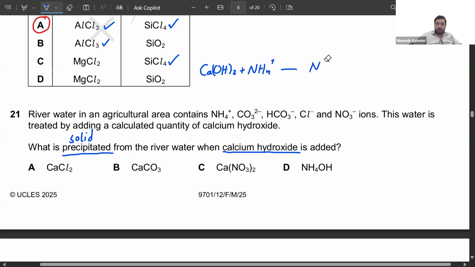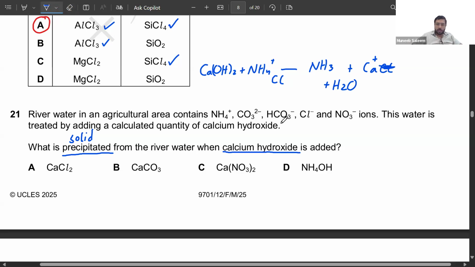There is formation of the ammonia gas in this case, and if there was some sort of negative part mentioned here, let's suppose chlorine, then it would have produced calcium chloride. Since nothing is mentioned along with the ammonium ion, we do not write any part here, but it will stay as calcium ion. So there is no such thing as solid compound here. Along with that, there is formation of water. So no solid compound is formed.